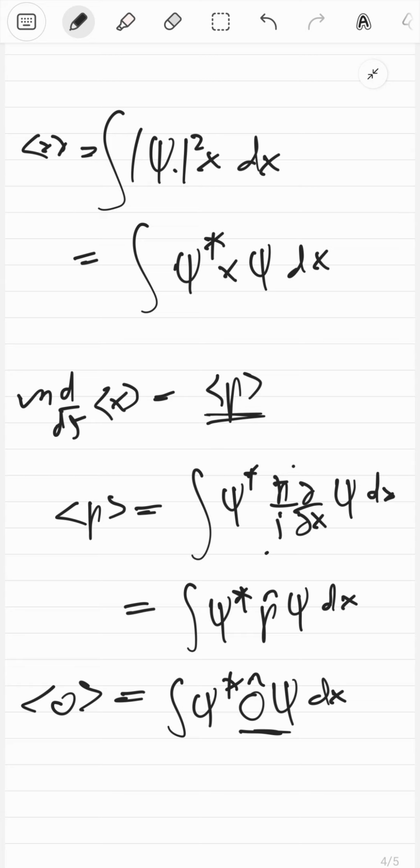So now this whole thing can be put into some really nice linear algebra by thinking of each function as a vector basically. And so what people do is that we write it like this. We write it as psi, operator, and then psi, right?